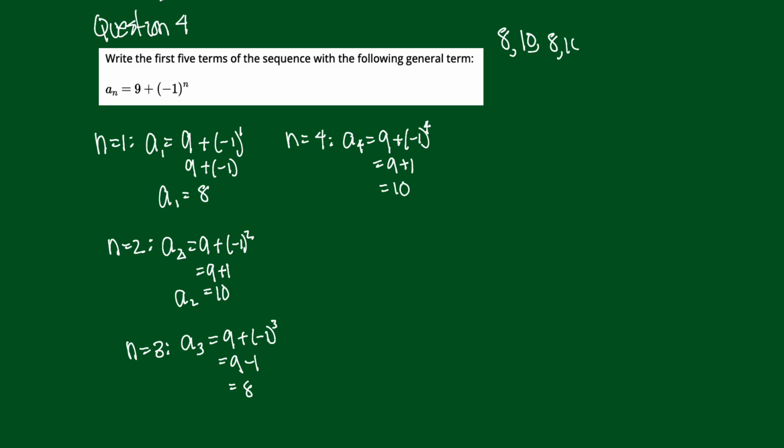So this is 10, and I'm going to bet that when n equals 5, we'll get a sub 5 is 9 plus negative 1 to the 5th. Negative 1 to the 5th is negative 1. We're going to get an 8 again. So there are the first 5 terms. An alternating sequence, in a sense, alternates between 8 and 10.